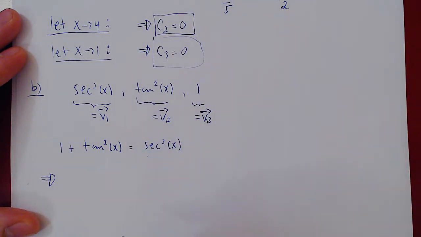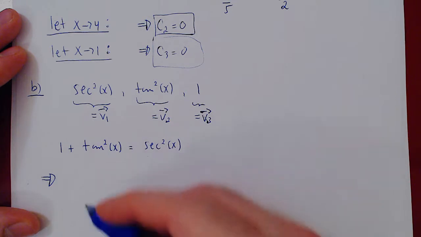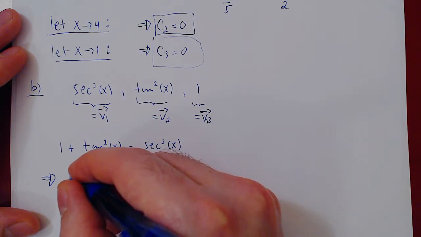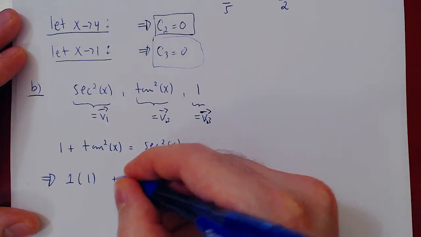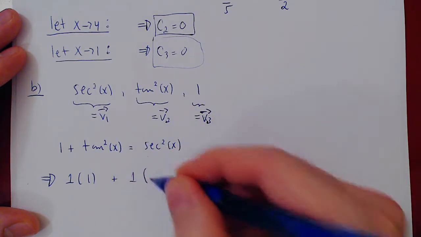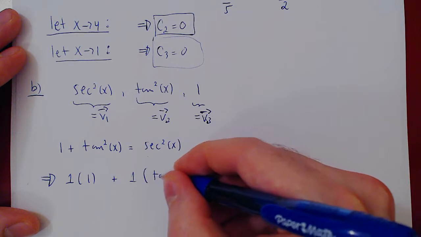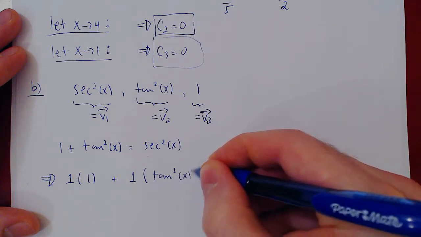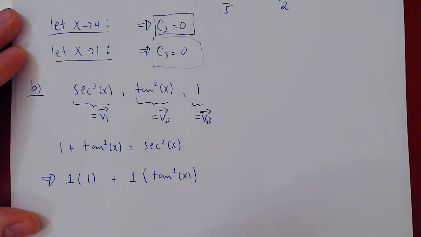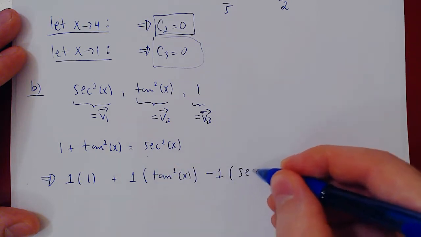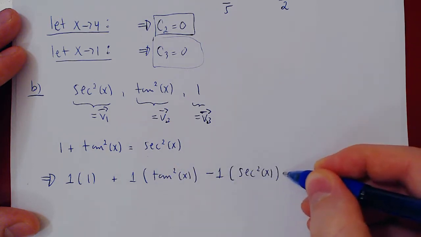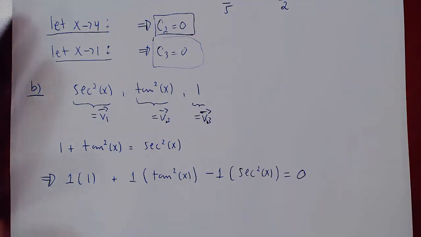Subtract secant squared on both sides and you will have, and I will write it this way, 1 times the vector 1 plus 1 times the vector tangent squared of x. As I subtract secant squared, I will get negative 1 times secant squared of x. And this is constantly equal to 0, the 0 function, therefore the 0 vector of our space.